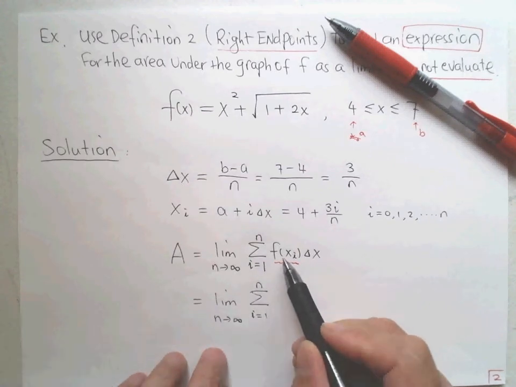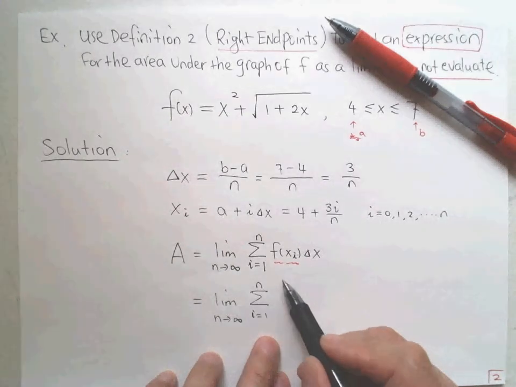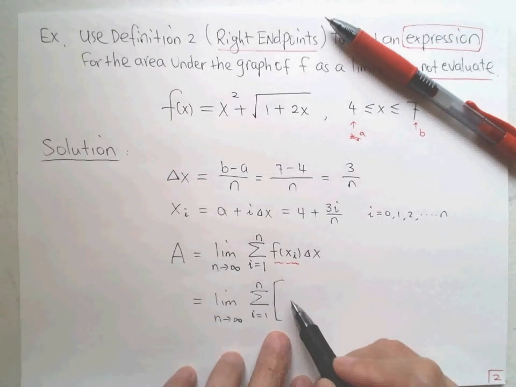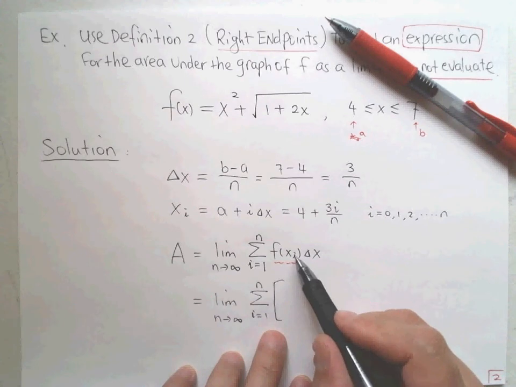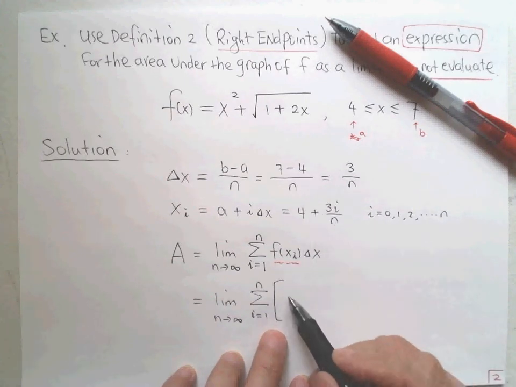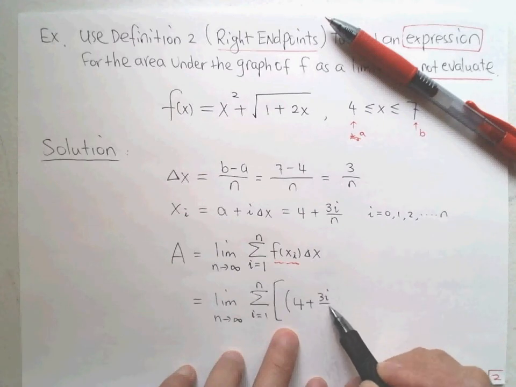Sigma, i from 1 to n. f of xi this time gets complex, so I have to write this bracket. x squared, where xi is here, is this one squared, right?